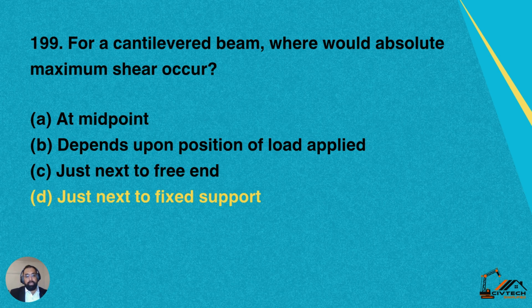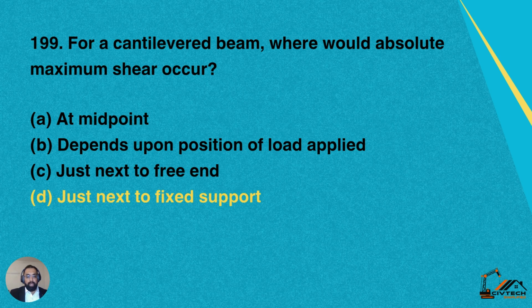199. For a cantilevered beam, where would absolute maximum shear occur? Option A, at midpoint. Option B, depends upon position of load applied. Option C, just next to free end. And option D, just next to fixed support.